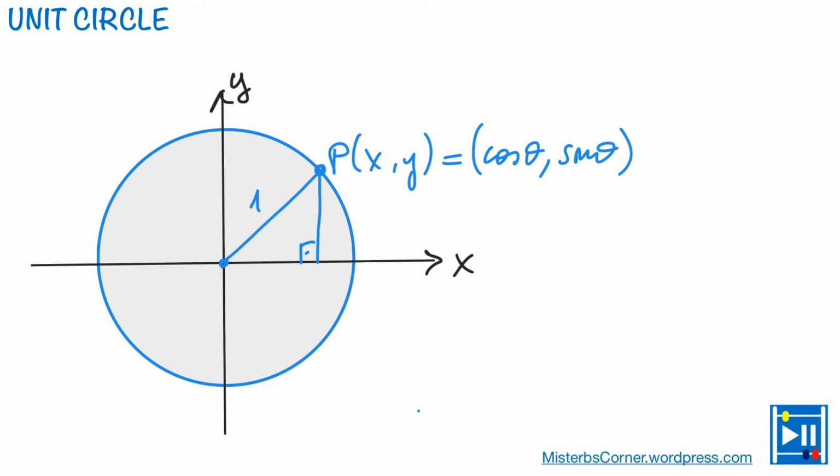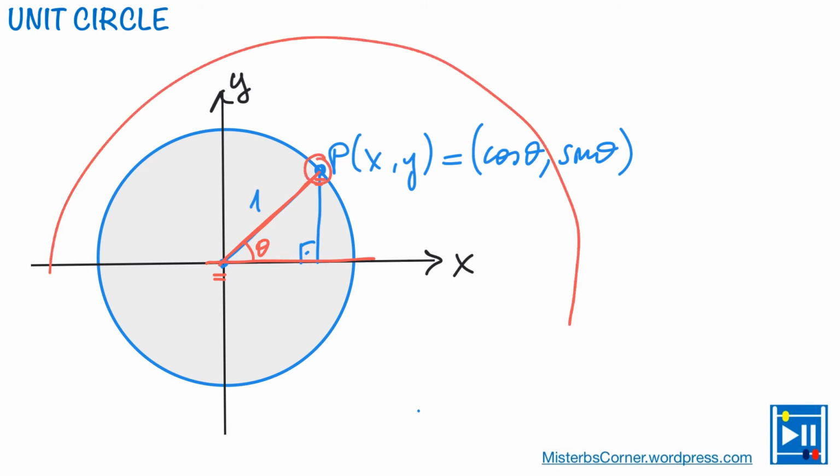And theta is the angle between the radius drawn from the center to the point P and the x-axis, right? And what happens is we just move this point anti-clockwise around the unit circle, so that we can change the angle theta, thus we can change these coordinates and we can get trigonometric functions.